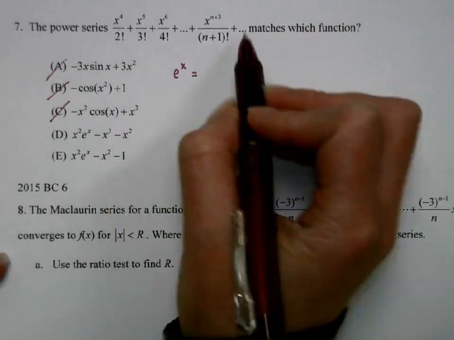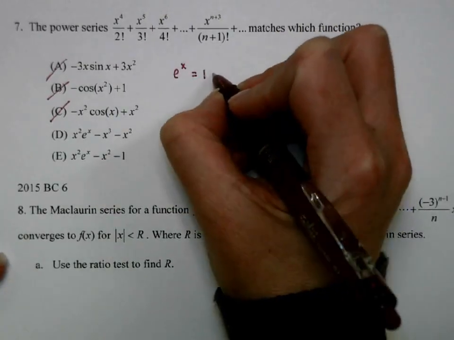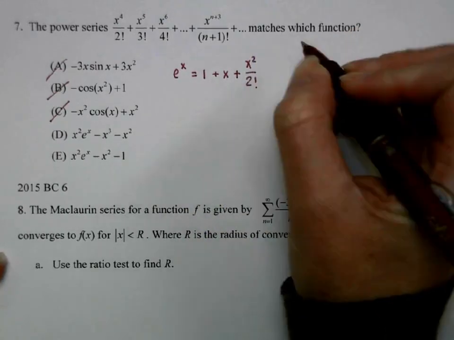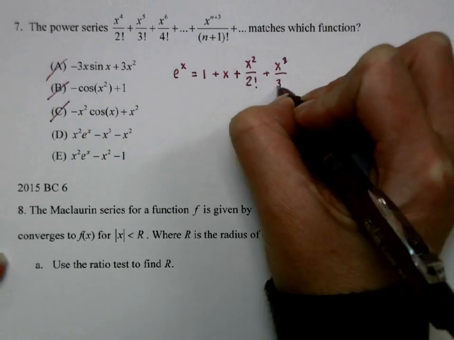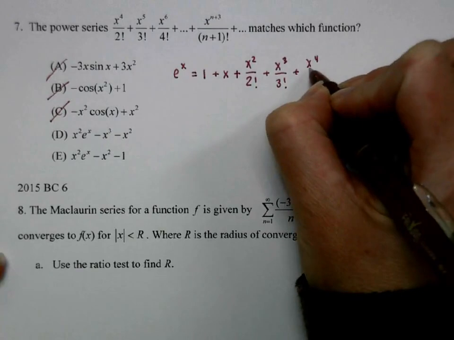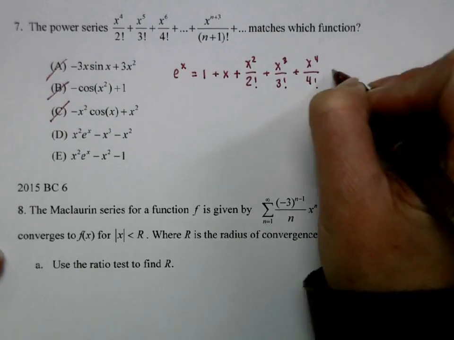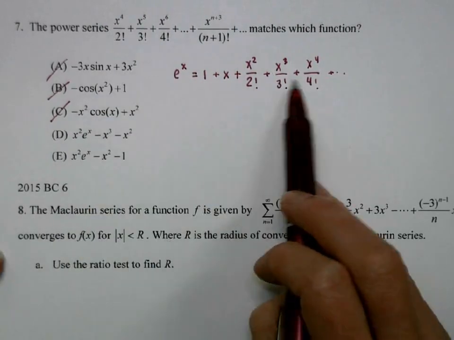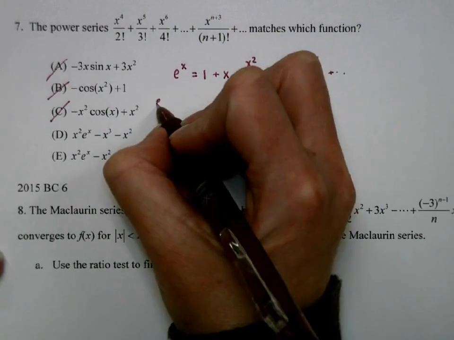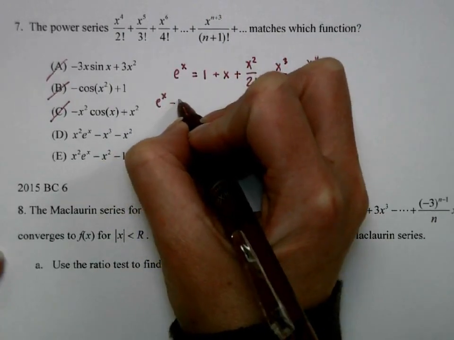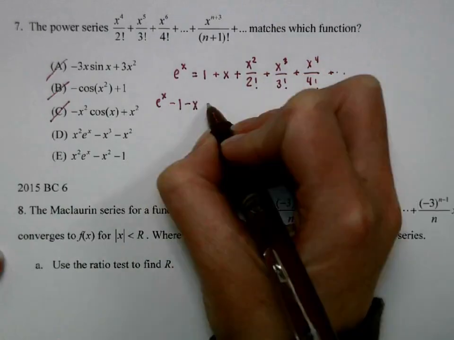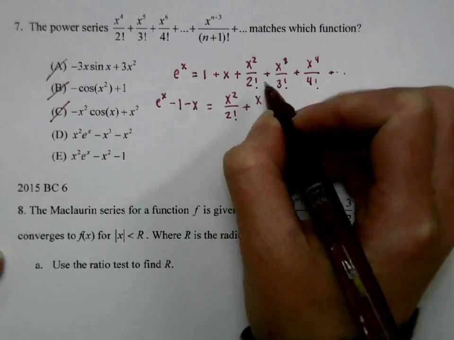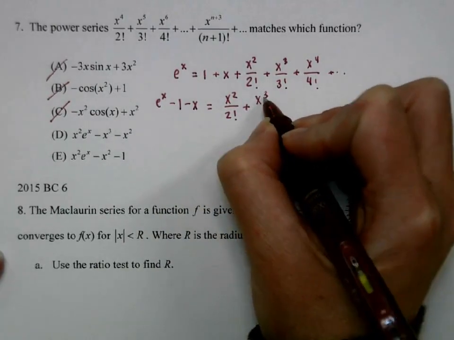So e to the x is 1 plus x plus x squared over 2 factorial plus x to the third over 3 factorial, x to the fourth over 4 factorial, and so on. If I'm trying to match this, we sort of have the 2, 3, 4, which means I want to get rid of those. So that leaves me with x squared over 2 factorial plus x to the third over 3 factorial, x to the fourth over 4 factorial.